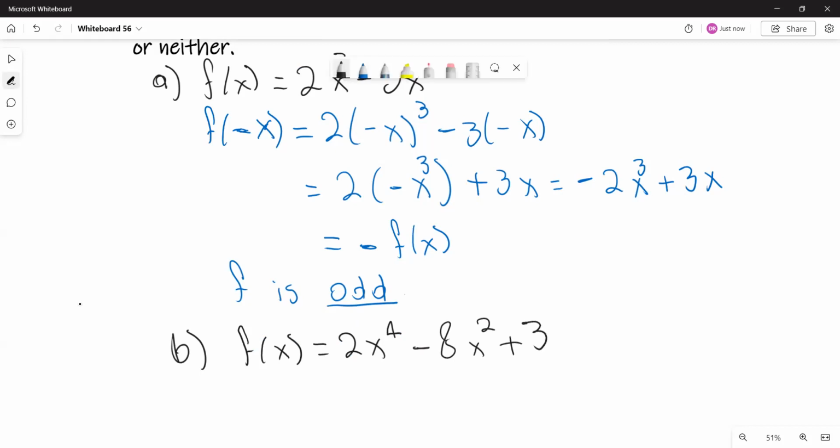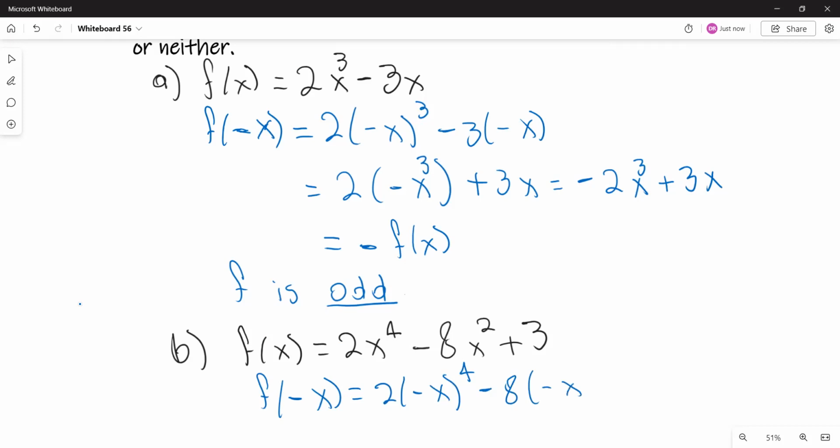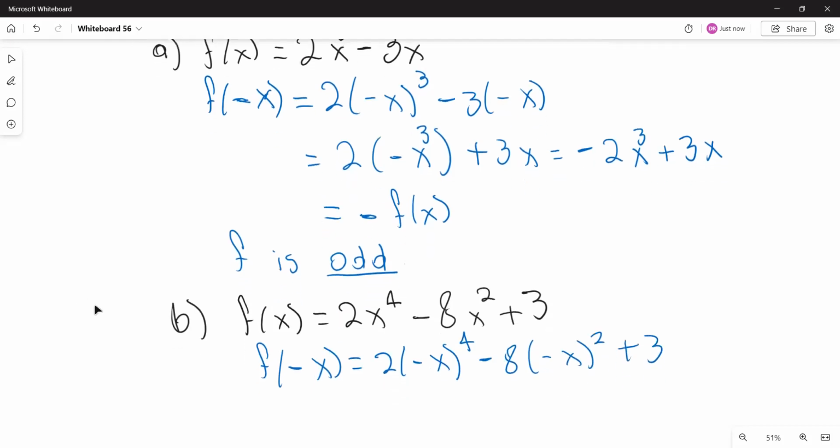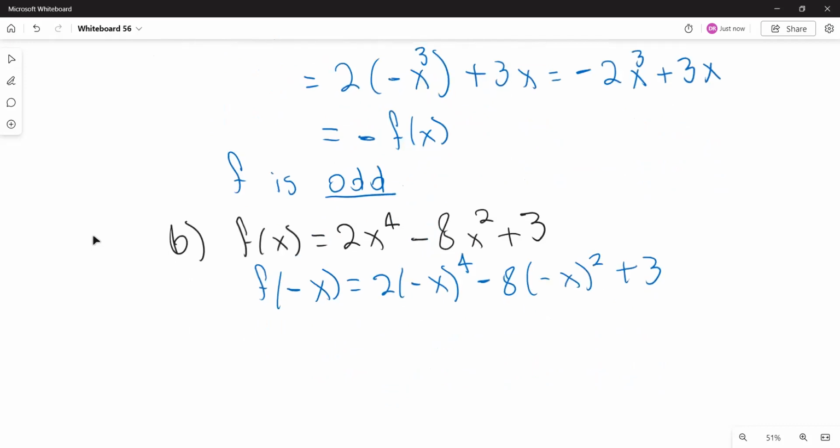So to determine whether the function is even or odd, we're going to evaluate f at the opposite of x. So this is 2 times the opposite of x raised to the 4th power minus 8 times the opposite of x squared plus 3. But the opposite of x raised to the 4th power is going to be x to the 4th power.